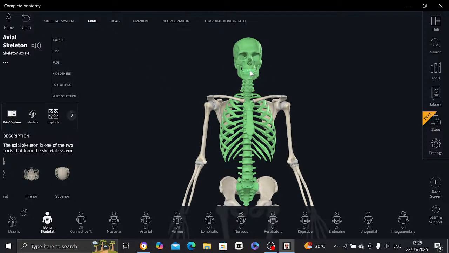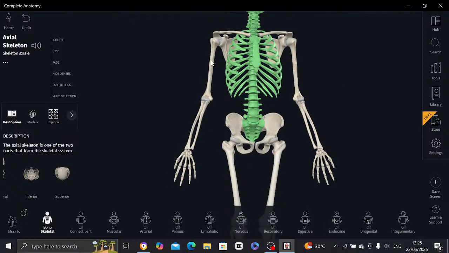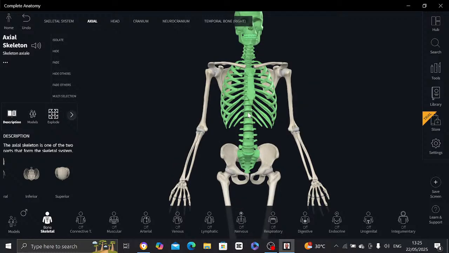So there's the axial skeleton, and then there's the appendicular skeleton. If we zoom in, we can see this upper limb. All the ones highlighted in gray are the appendicular skeleton, while the ones highlighted in green represent the axial skeleton, and the sternum.